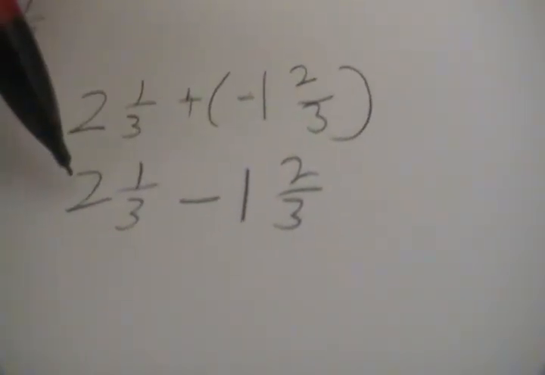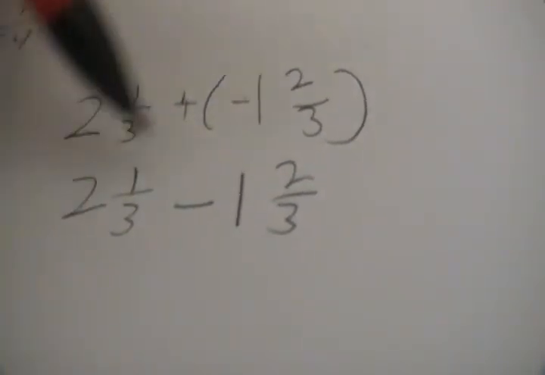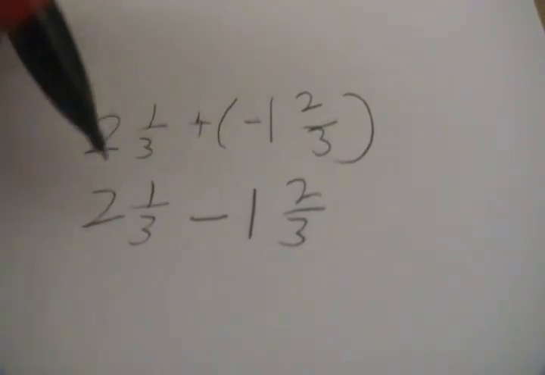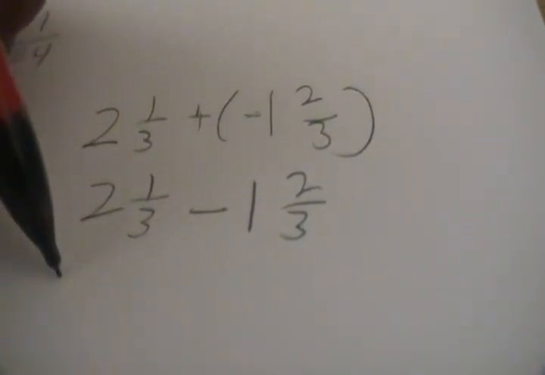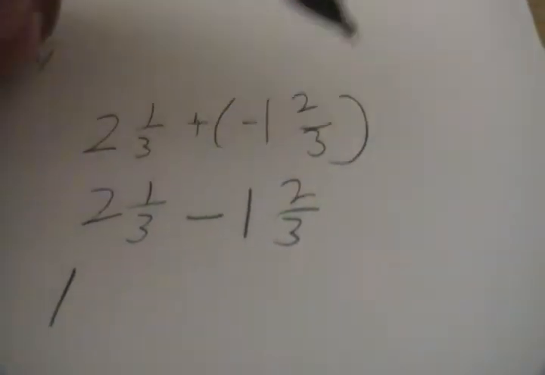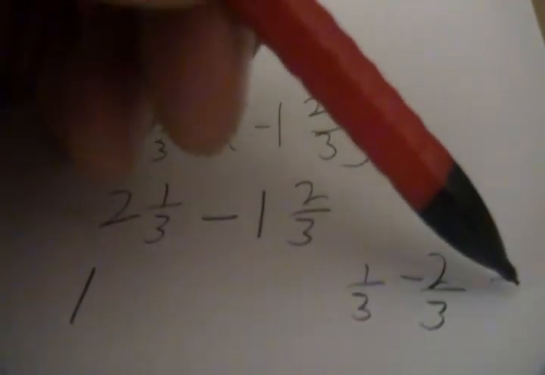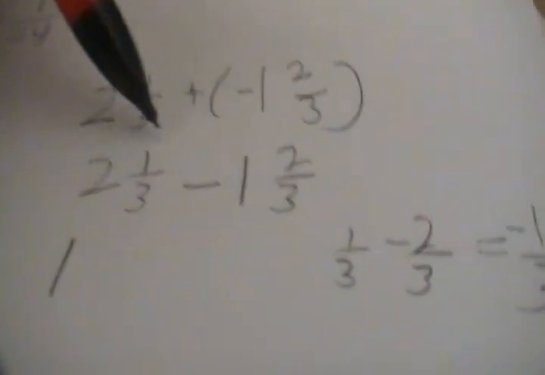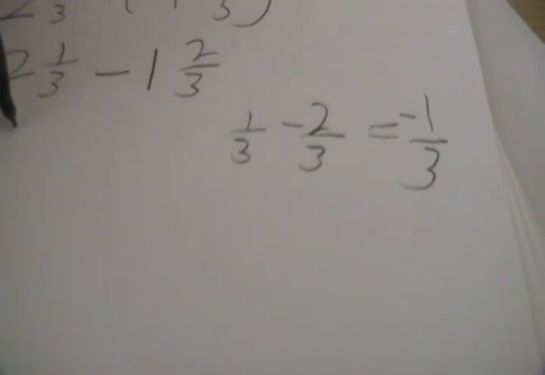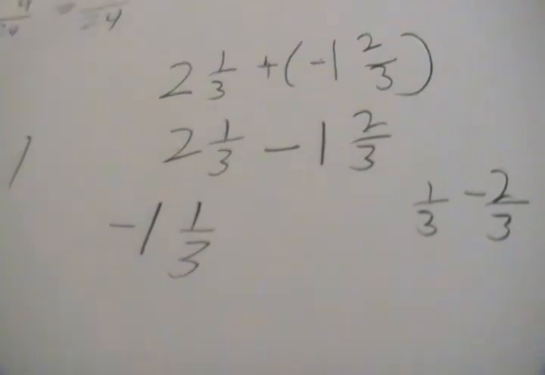Alright, so let's subtract 2 from 1. So 2 from 1 equals 1. Okay. Now we subtract the 1/3 and 2/3. So 1/3 minus 2/3 equals negative 1/3. Okay, so it's going to be equal to negative 1 over 3.